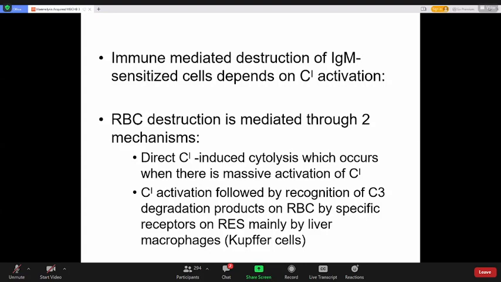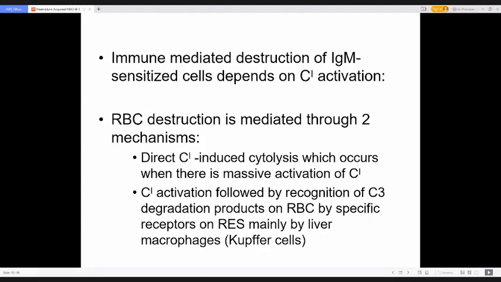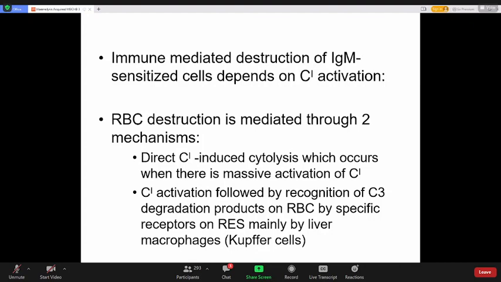So this gives you intravascular hemolysis because of direct complement-induced cytotoxicity, and then the degradation products are recognized by the reticuloendothelial cells of the liver.